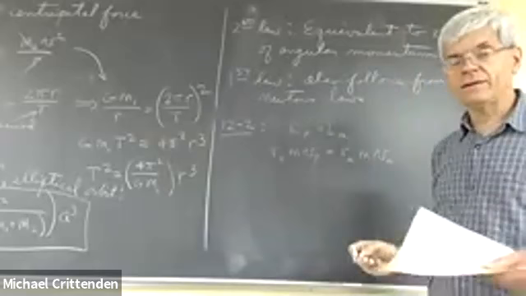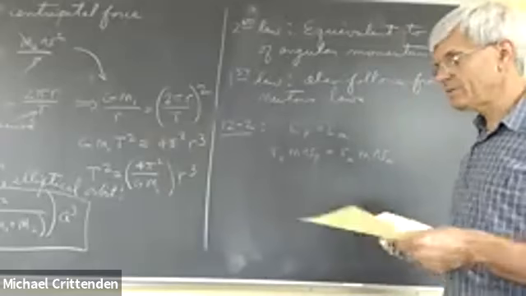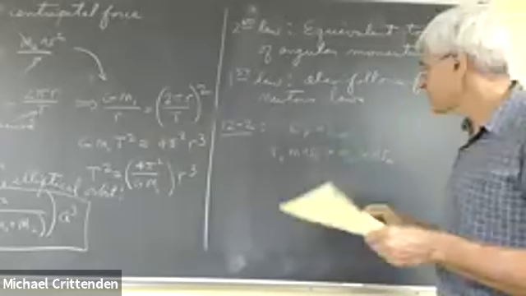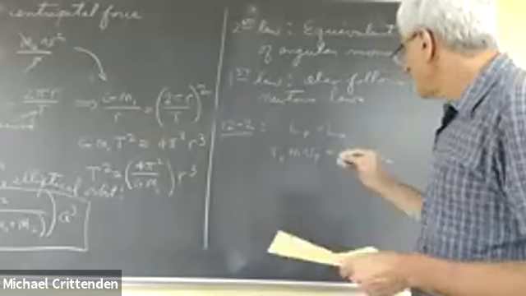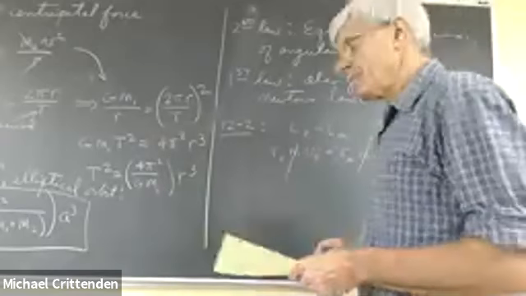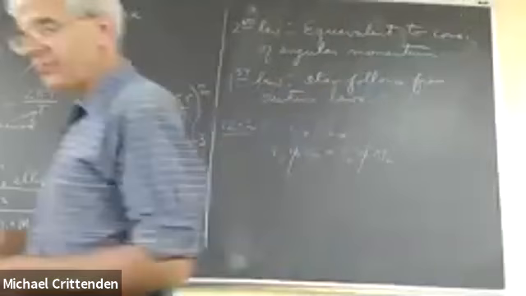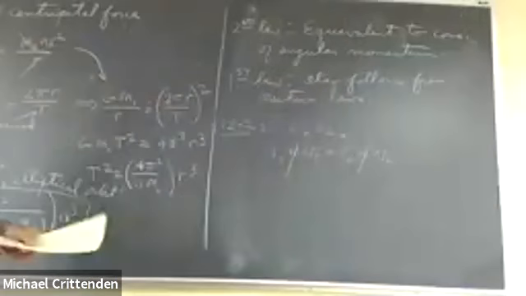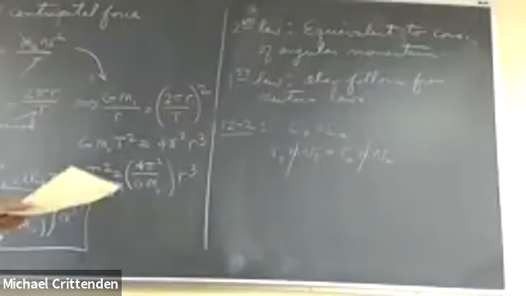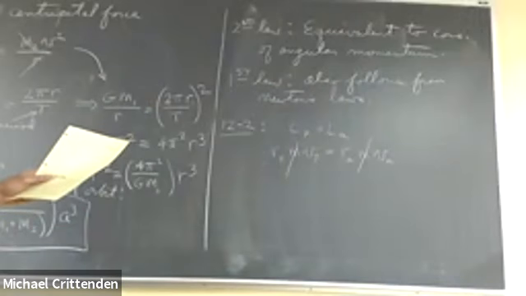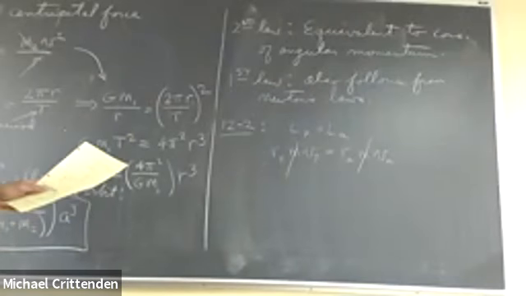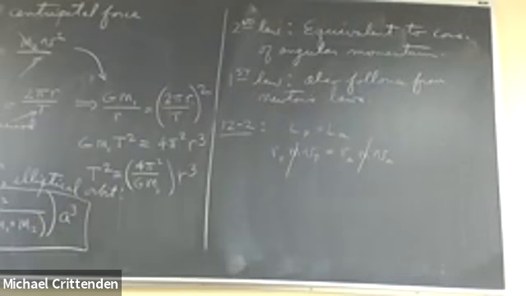The mass does not change. The planet doesn't become more massive or less massive as it moves around its orbit. So I can divide both sides by m, and that leaves me with a trade-off, an inverse proportion between the radius and the speed of the planet.